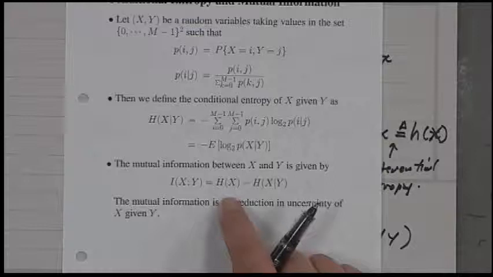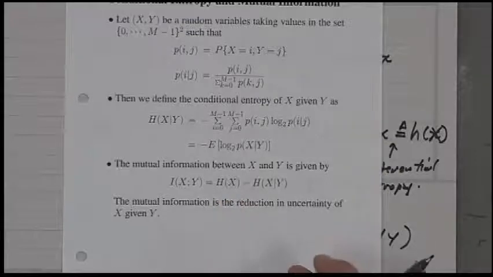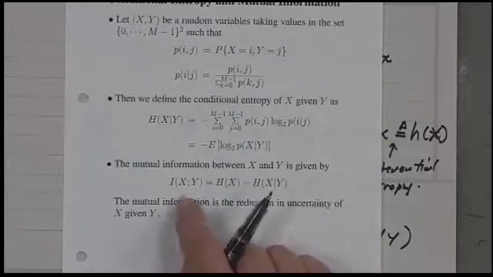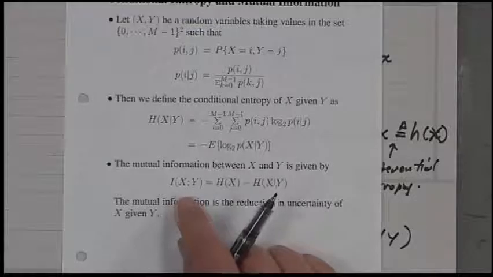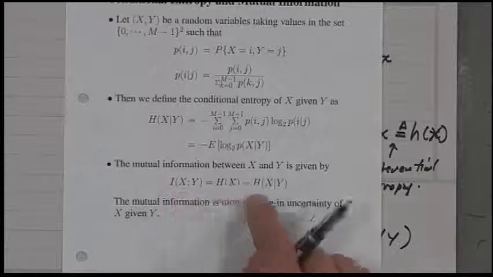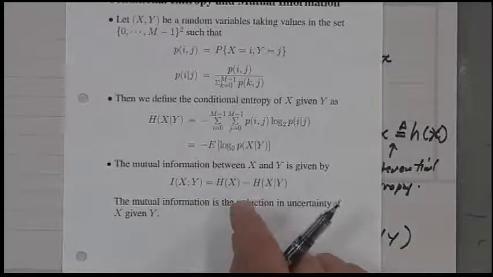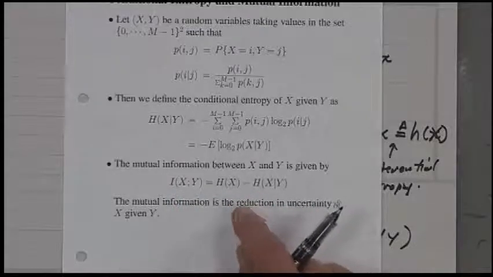And if you take the limit as the quantization step size goes to 0, then it turns out that this difference between the two entropies does converge to a limit that's well defined.